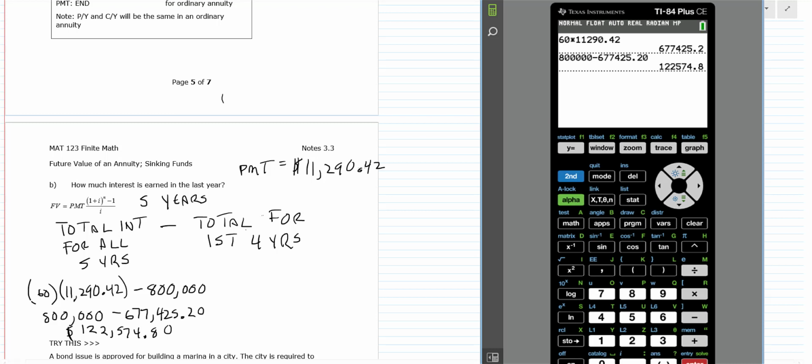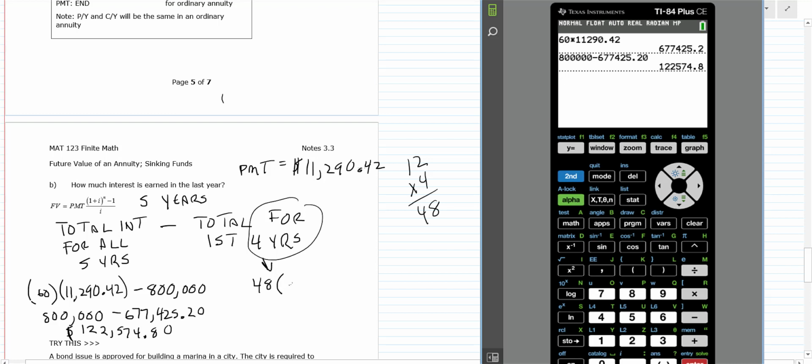Now we're going to find the interest for the last year. So you have to do the interest for the first 4 years. You kind of do the same thing. 12 times 4 years is 48, so you're going to look at your first 48 payments.